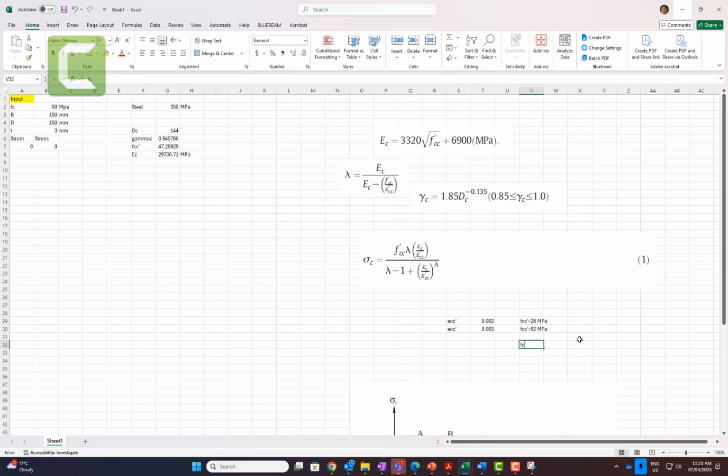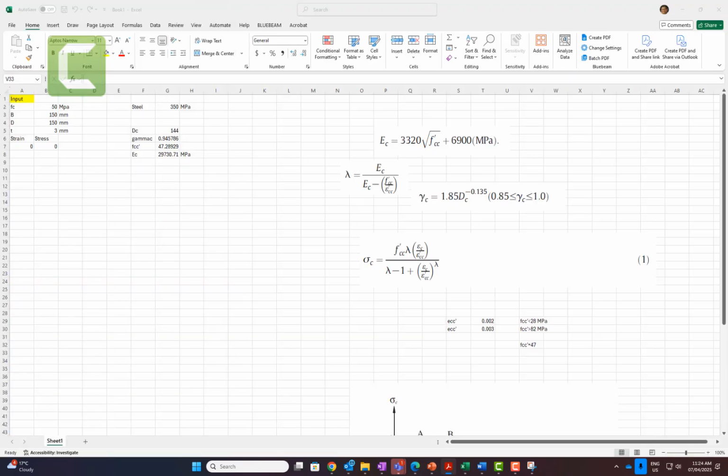Our FCC dash is here 47, so we need to do the interpolation for that one. Let me get the equation for interpolations. So the equation for interpolations that we're going to use is this one.